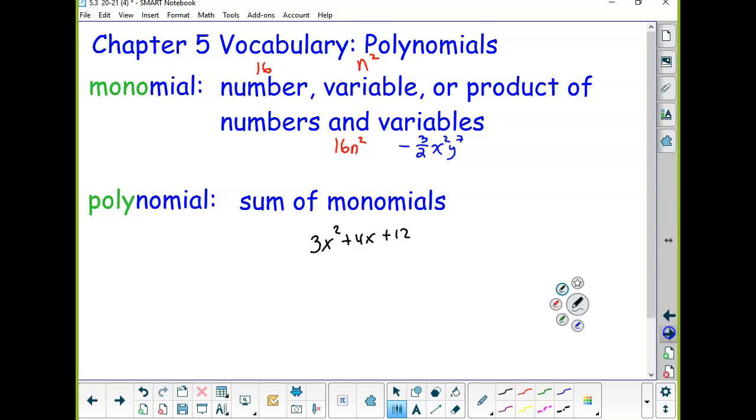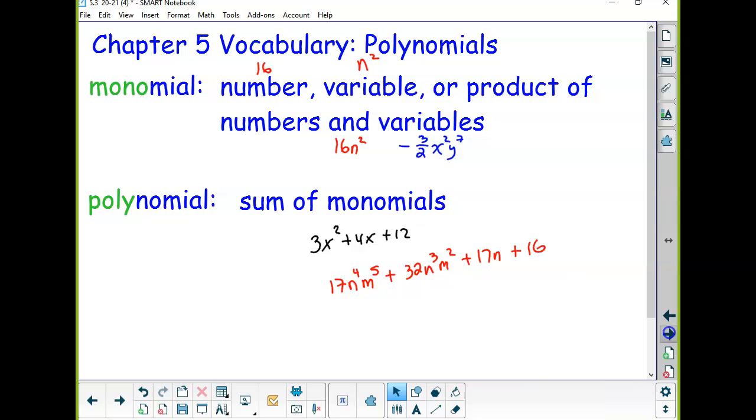There's a quadratic. That's what we just finished in the last unit. We called it a trinomial or a quadratic, but it's really a polynomial because it's got 3 different terms added together. Okay? But it doesn't have to be that friendly. It could be really nasty. We could have 17 n to the 4th m to the 5th, plus 32 n to the 3rd m to the 2nd, plus 17 n plus 16.